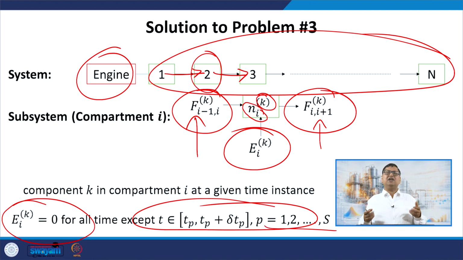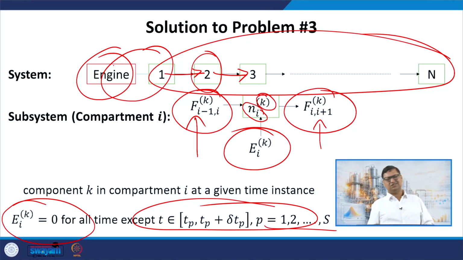What I want you to take from this example is how I am using this notation in a manner that becomes a consistent, general equation, rather than writing separate equations for compartment 1, compartment 2 and so on, right. So, I am writing it for compartment I, and that is the general form of the equation. Of course, for compartment 1, from the engine there is no flow.